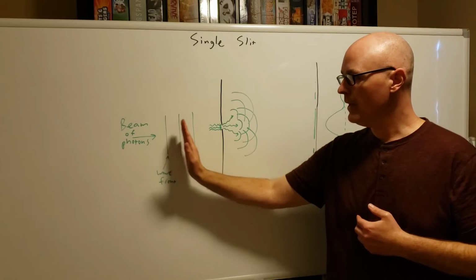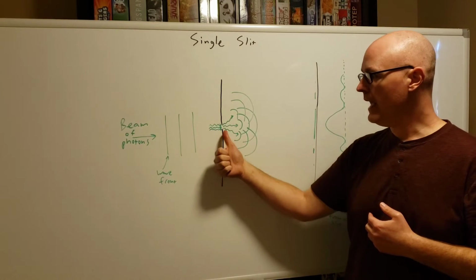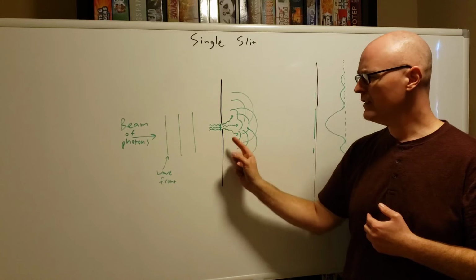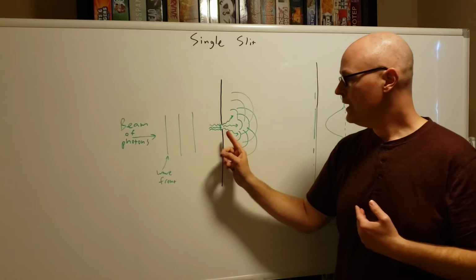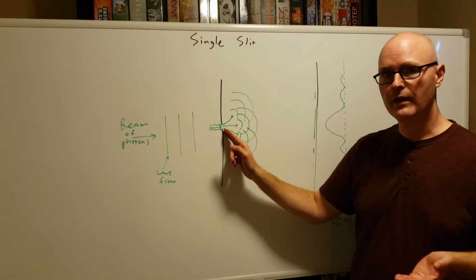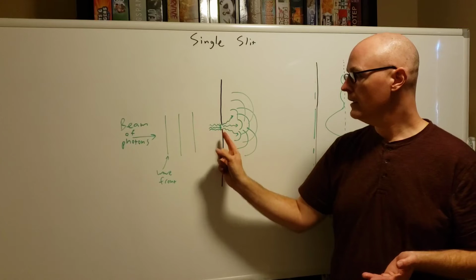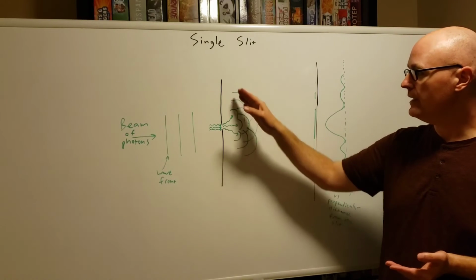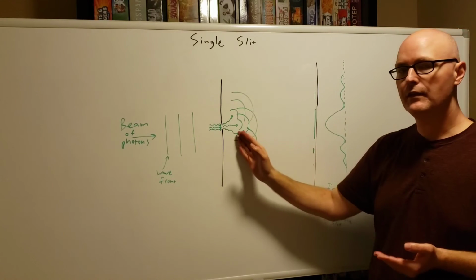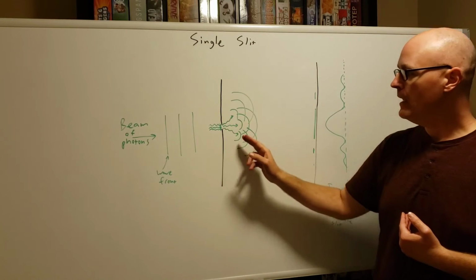To start off with, everything was parallel; now I have these curved wave fronts as I go through the slit. Now this of course means the slit has to be small, but for a slit size that approaches the wavelength of the photon that is coming at it, we will have this bending of the light around the gap, okay?